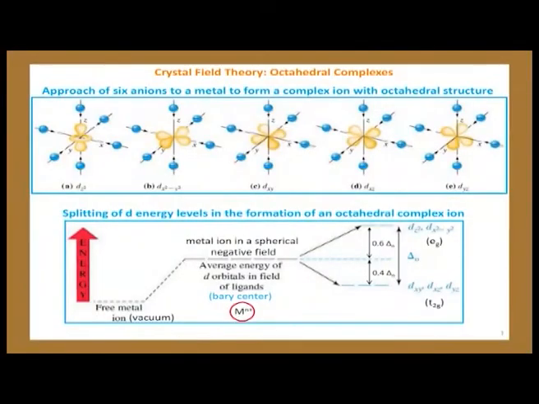It contains dx square minus y square and dz square. So, if Eg orbitals are asymmetrically filled, then the distortion is produced more because ligands are approaching in x, y and z direction. So, asymmetrically filled Eg orbitals produce a strong John-Taylor distortion.